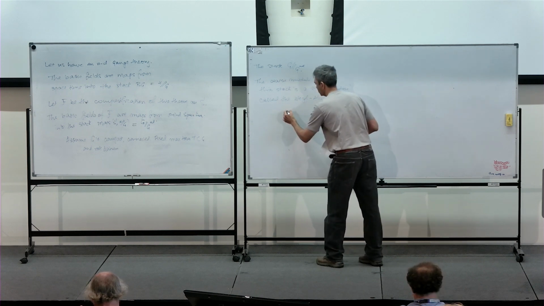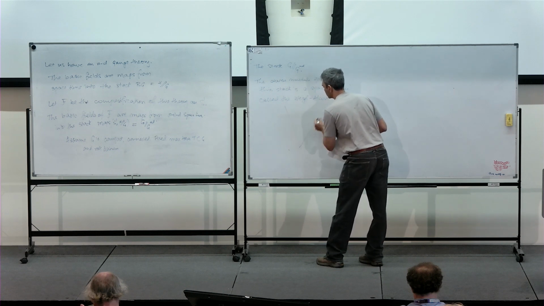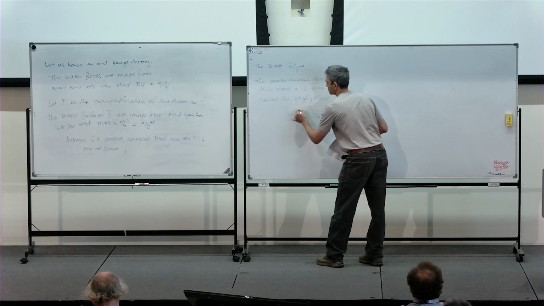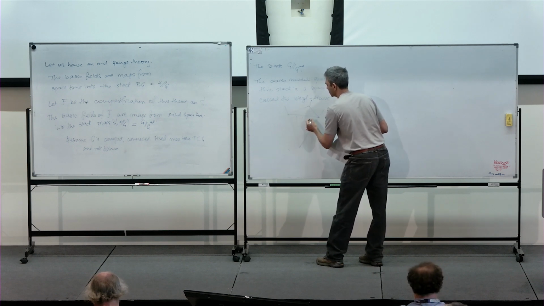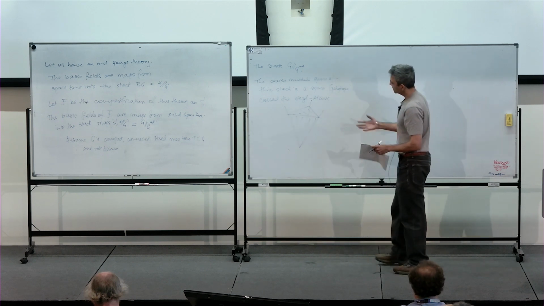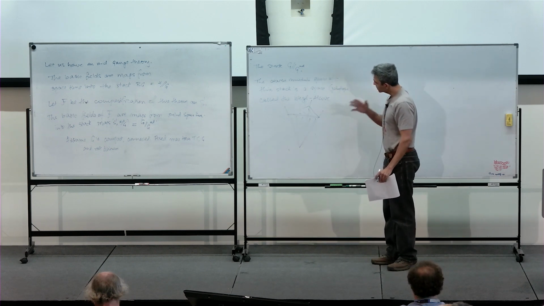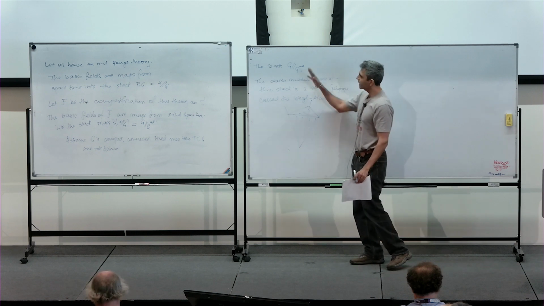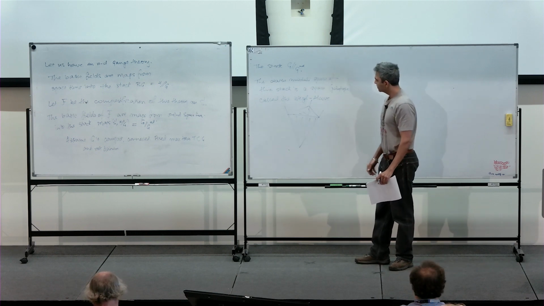So let me draw a picture. It's a picture like this. So it's a polytope. Its dimension is the rank of G. And this is the coarse moduli.